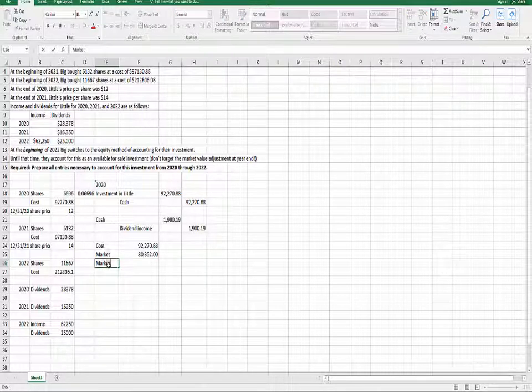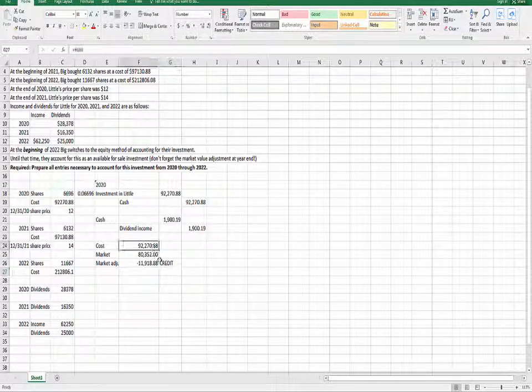So the market adjustment should be $11,918.88, and that should be a credit balance because we're reducing the investment from $92,270 down to $80,352.